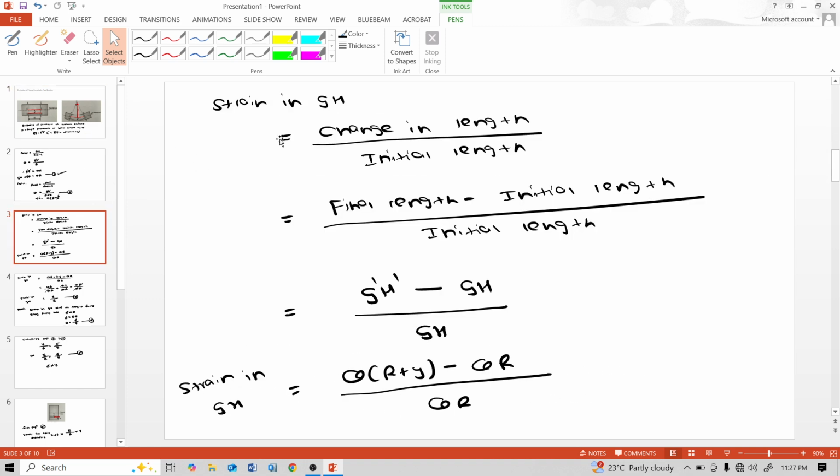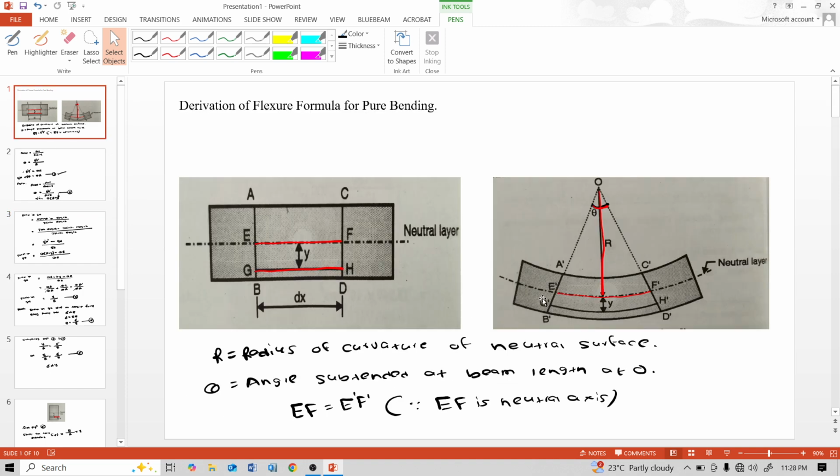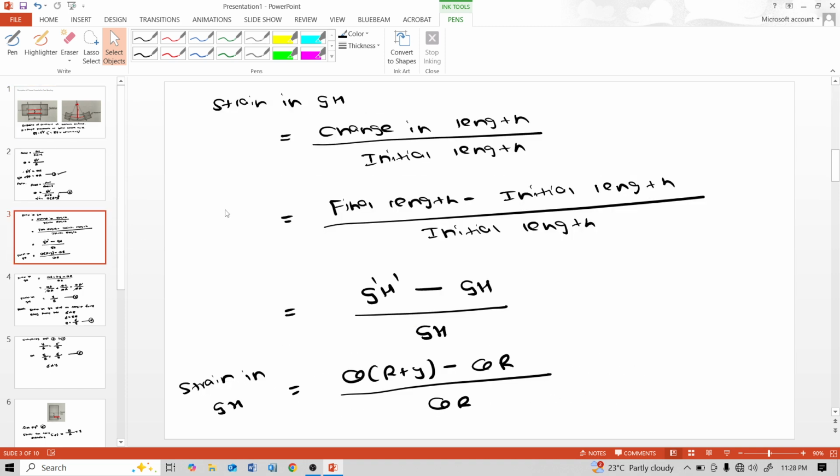For calculation of strain in GH, use the strain formula, change in length upon initial length. Change in length is final length minus initial length, upon initial length. Final length for this GH after bending is G dash H dash. Initial length is GH.